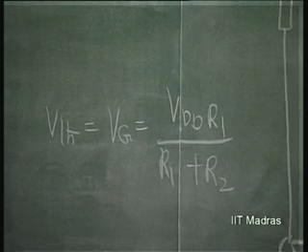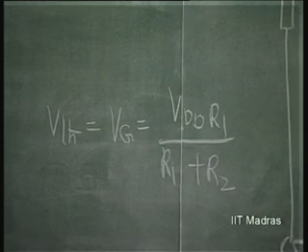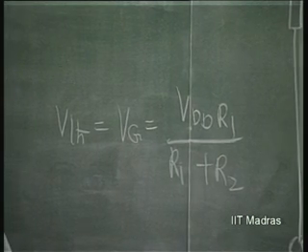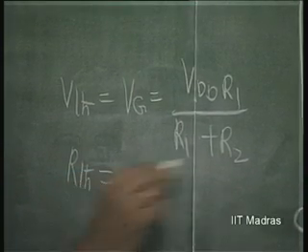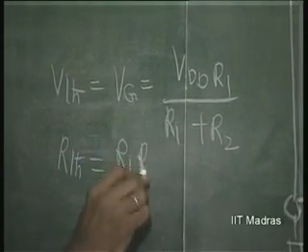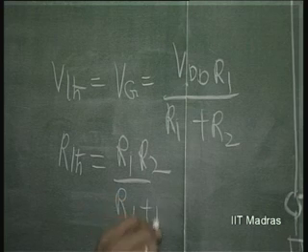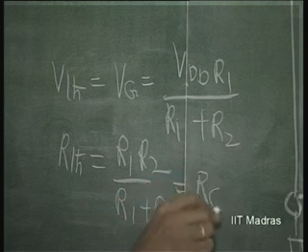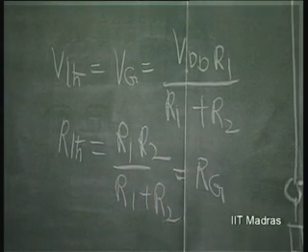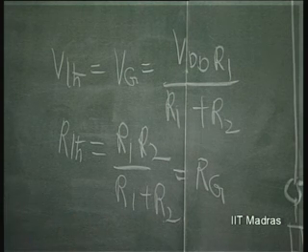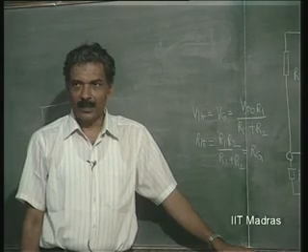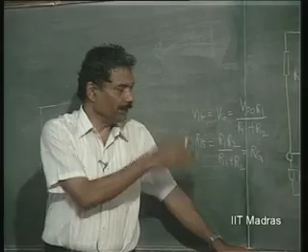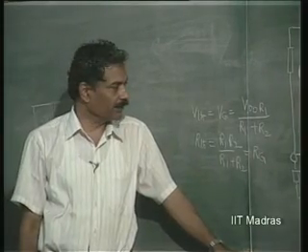It is not only generating a Thevenin's voltage, but it has a series Thevenin's resistance, equal to R1 parallel R2, which in this case is called RG. Earlier we had called it RB, and this was VBB, the Thevenin's voltage.